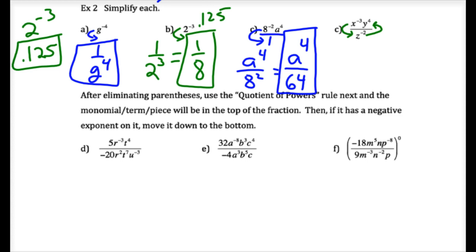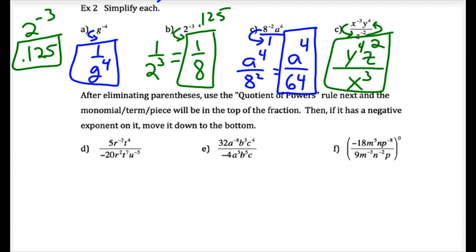Okay, y to the fourth over x to the third times z. No. Okay, y to the fourth times z to the second over x to the third. Done. Guys, make it as one big fraction.